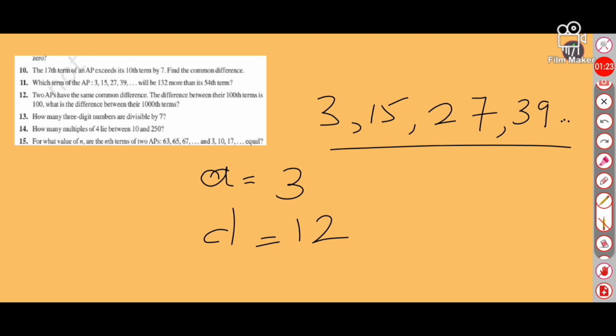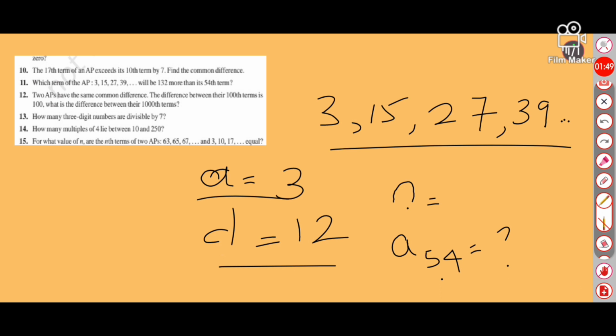We need to find the nth term, right? So we need to find the value of n such that it is 132 more than its 54th term. First we will find the value of a54. In this a54, we know that the value of a is given, the value of d is given, and the value of n will be 54 because we are going to find the 54th term.